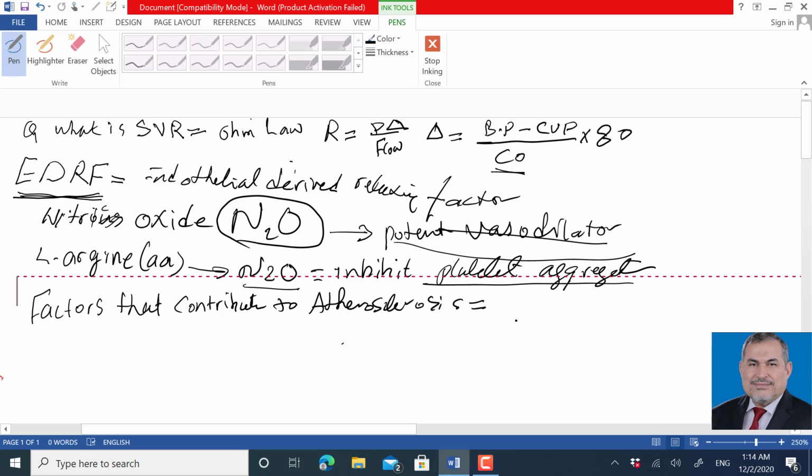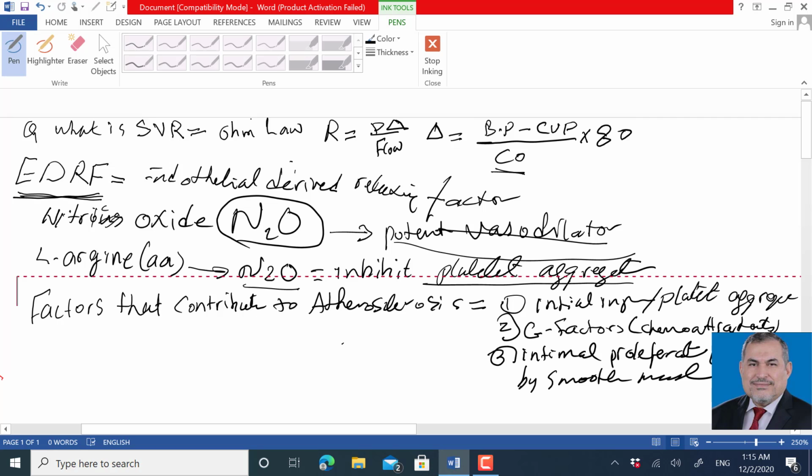First, intimal injury, platelet aggregation, growth factors, chemoattractants, intimal proliferation, and then smooth muscle proliferation. These are the factors that contribute to atherosclerosis.